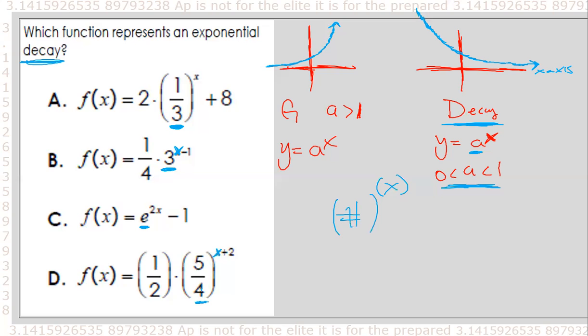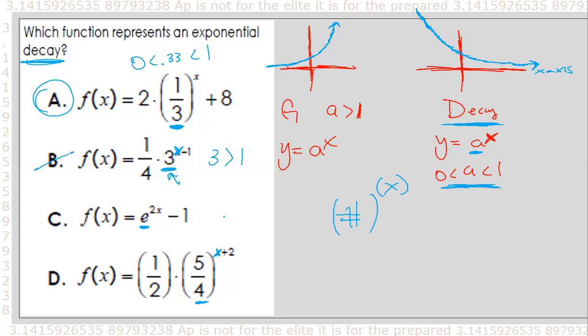So which one of these would actually be exponential decay? Okay, so hopefully you noticed that A is the only option because 1/3 is 0.33, and that is less than 1 but bigger than 0. Everything else, like this 3 right here, is bigger than 1, so that's not an option.